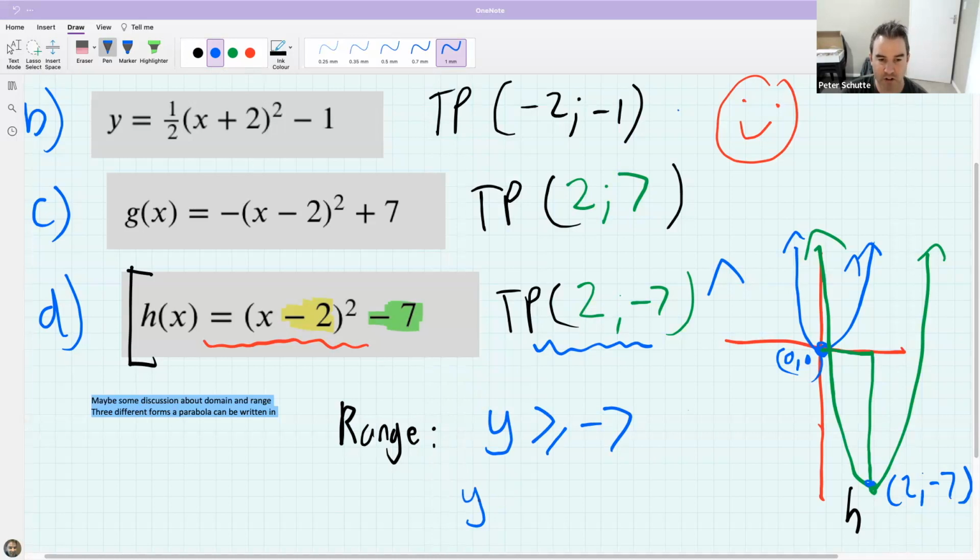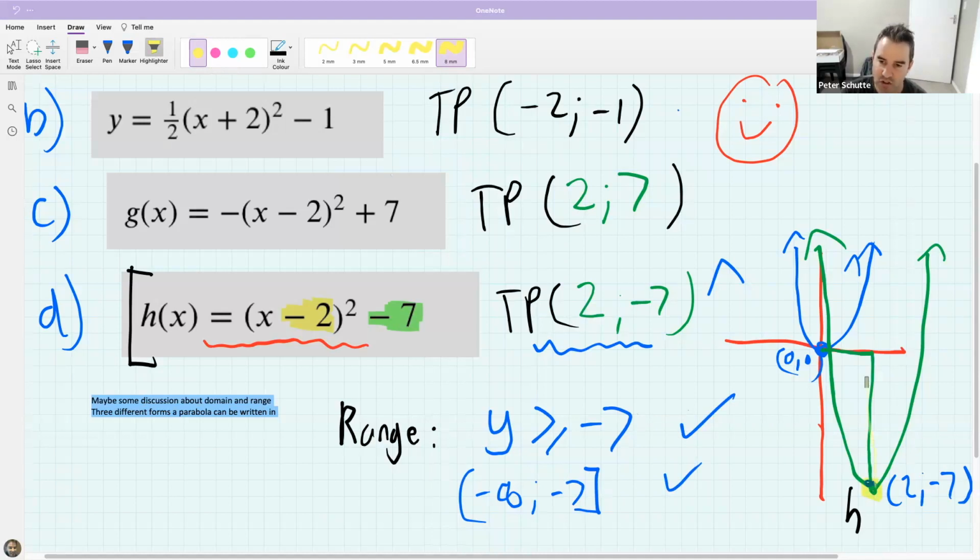Ah, so there are 2 ways we can write this. We can write it using interval notation, or we can write it like this. All that the range is asking is what y values are valid for this graph. And if you look at this graph, this happy face only gets down to the turning point. It never goes lower.